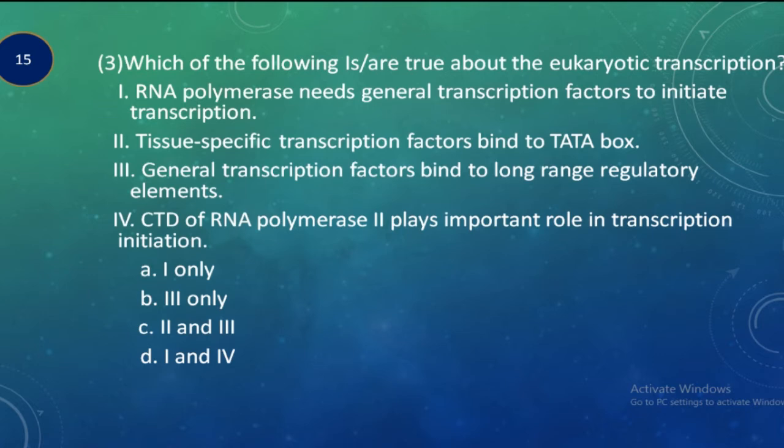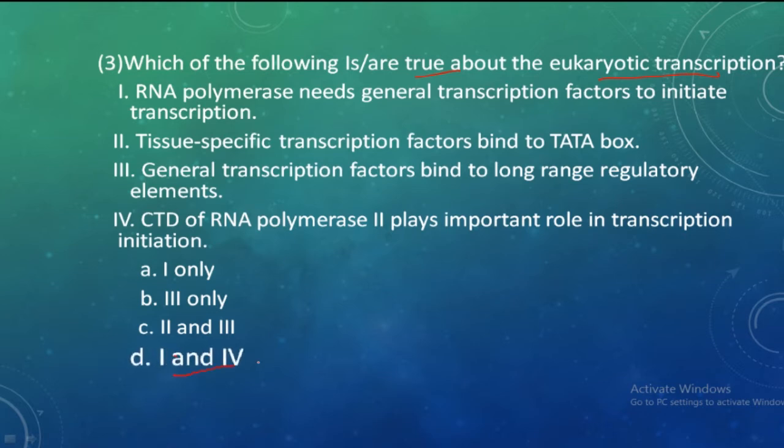General transcription factors bind to long range regulatory element. 4. CTD of RNA polymerase II plays an important role in transcription initiation. Read carefully all four options and give the answer. Your time starts now. Once again, they have asked about the true sentences about eukaryotic transcription. Choose your option wisely.